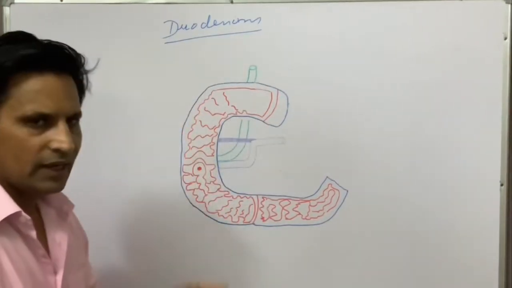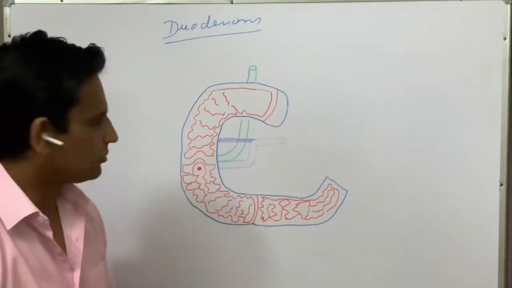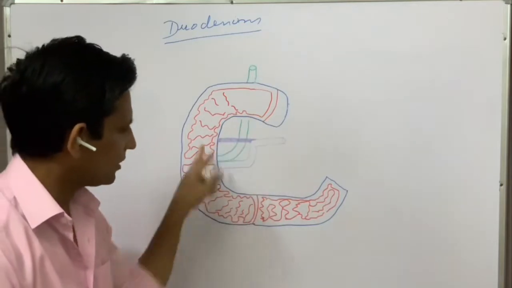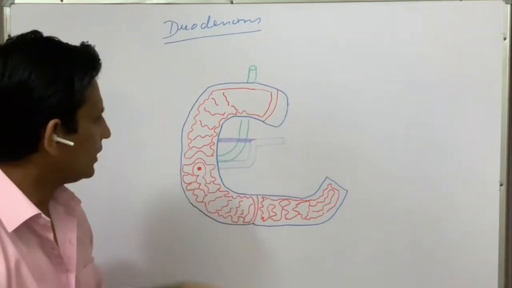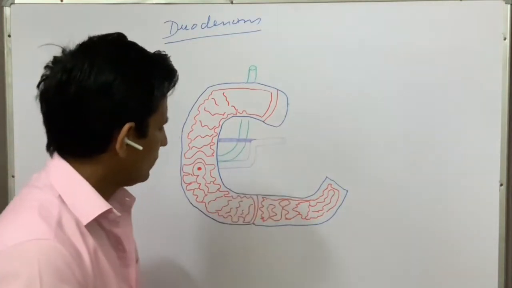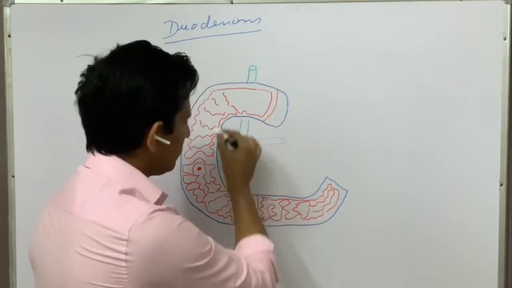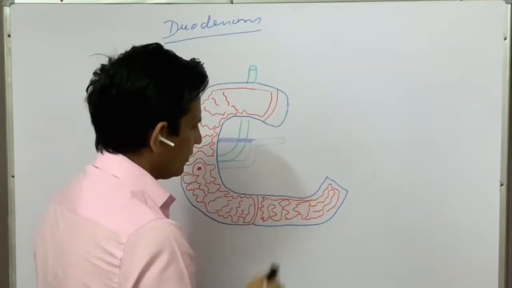Actually duodenum is a Latin word, and literally duodenum means 12 finger. So the length of this whole structure was about 12 finger, that's why it is named so. This portion is the first part of the small intestine.